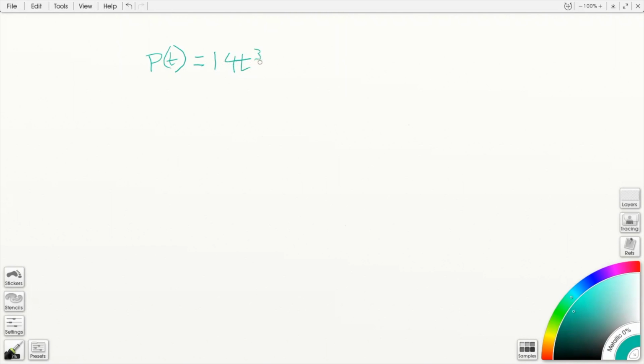But that statement there didn't really matter, by the way, so if you didn't understand it, don't worry. The function is 14t cubed minus 14t squared plus 14t minus 14.